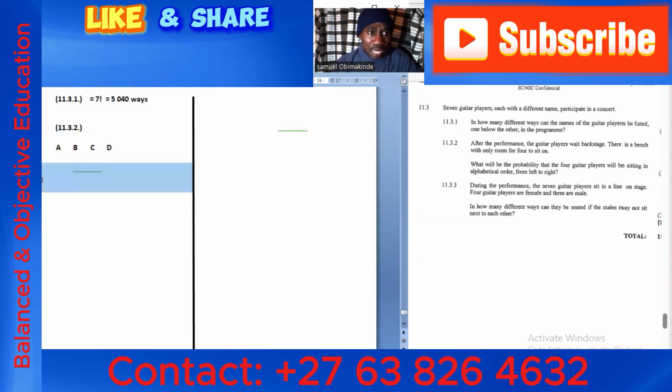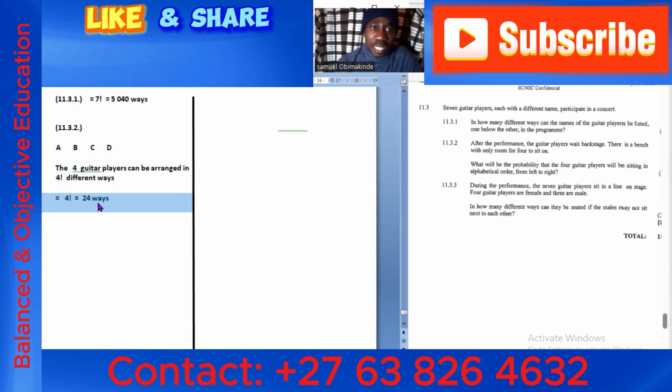But if I don't have any restriction, if I can arrange them randomly, then it means I can arrange them in 4 factorial ways. And 4 factorial is equal to 24. 4 factorial is the same as 4 times 3 times 2 times 1.